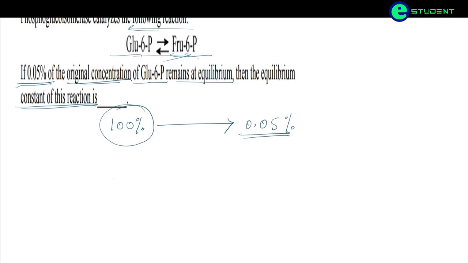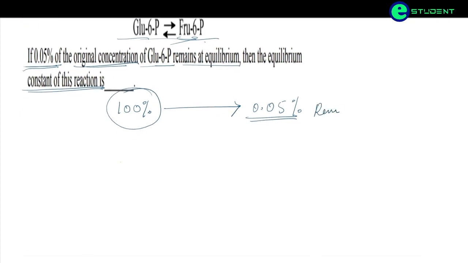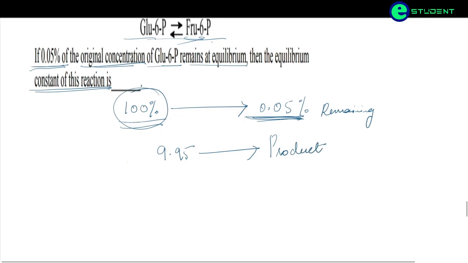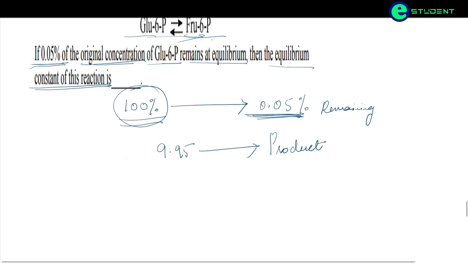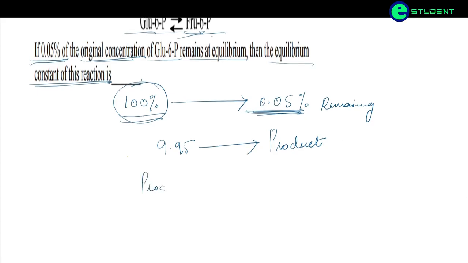So how much product is formed? This is the remaining. So from 100 we subtract 0.05, that is going to be 99.95, which is formed as a product here. So what we know the equilibrium constant is product by substrate.